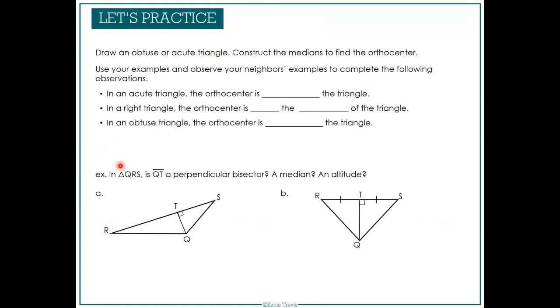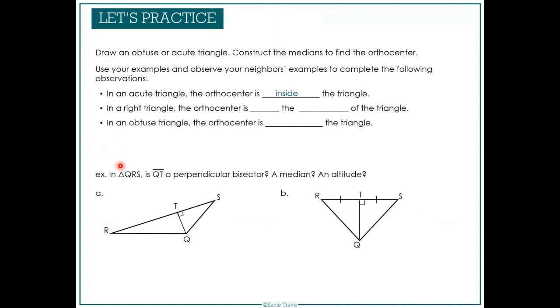All right. Now, along with this, it's important for us to know, depending on the triangle, our orthocenter is in a different place, kind of like what we have with the circumcenter. They're in different places for different triangles. So in an acute triangle, the orthocenter is going to be inside of the triangle.